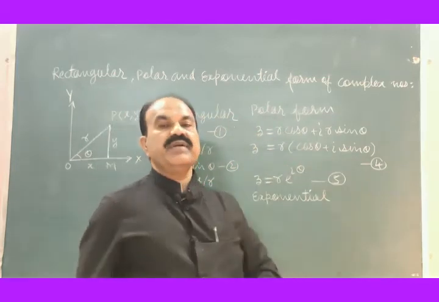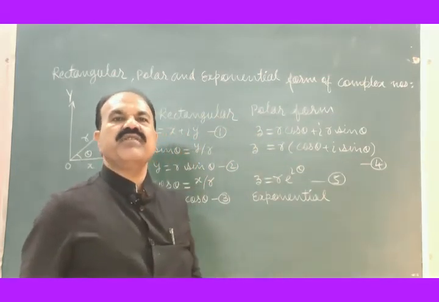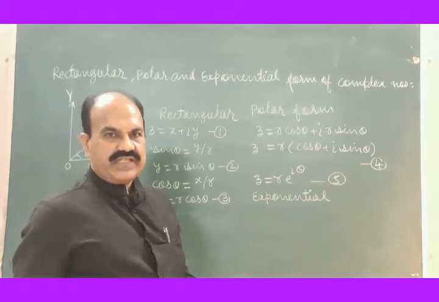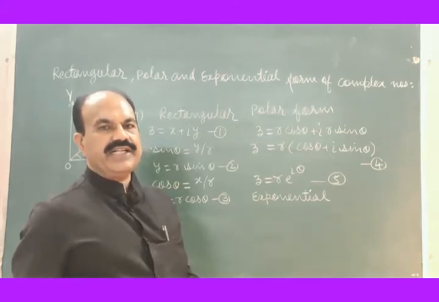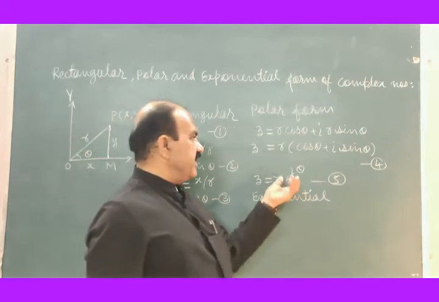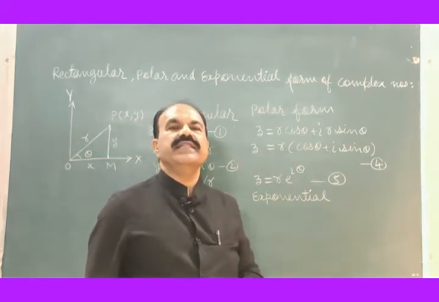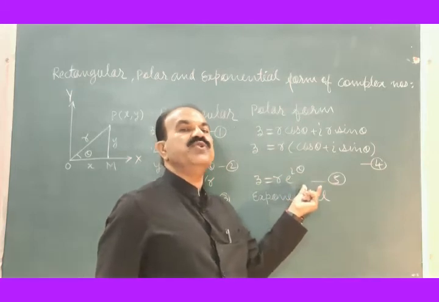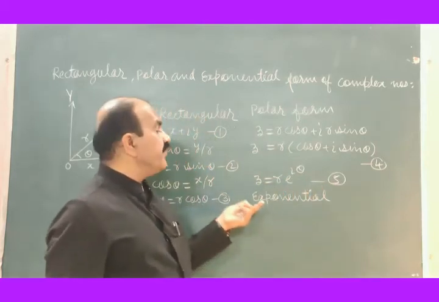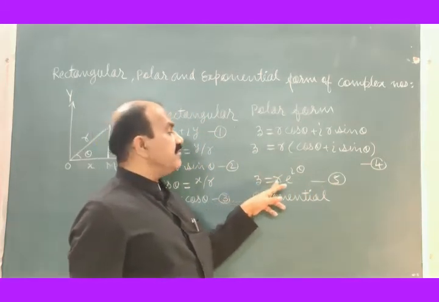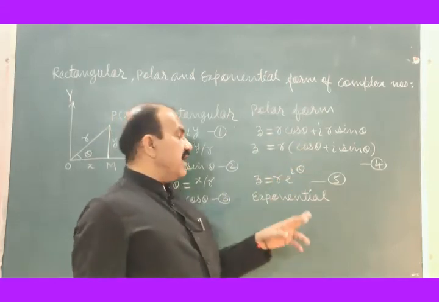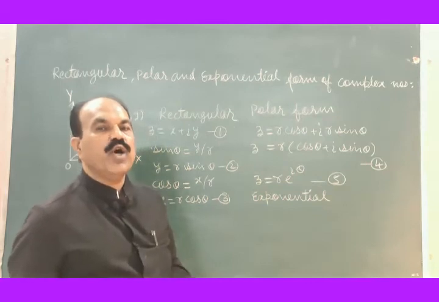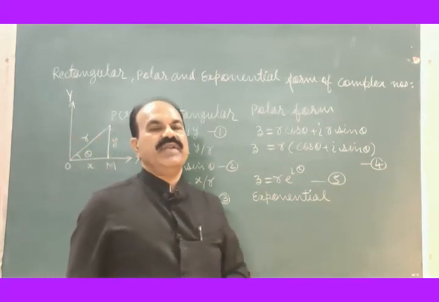Cos theta plus i sin theta is e to the power i theta. So when we write z is equal to r e to the power i theta, it is known as the exponential form of the complex number.